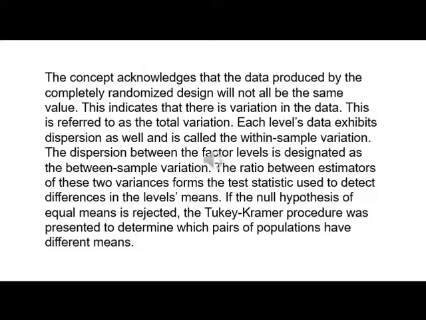The dispersion between the factor levels is designated as the between-sample variation. The ratio between estimators of these two variances forms the test statistic used to detect differences in the level's means. If the null hypothesis of equal means is rejected, the Tukey-Kramer procedure was presented to determine which pairs of populations have different means.